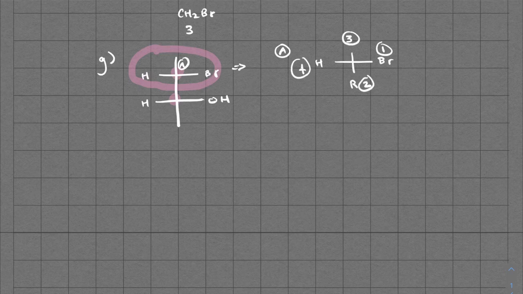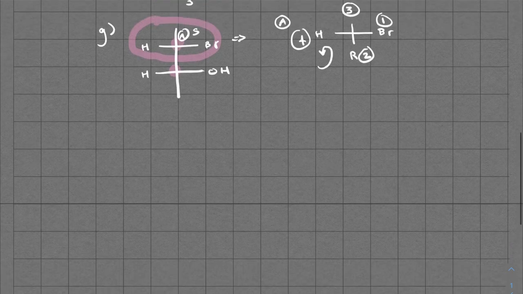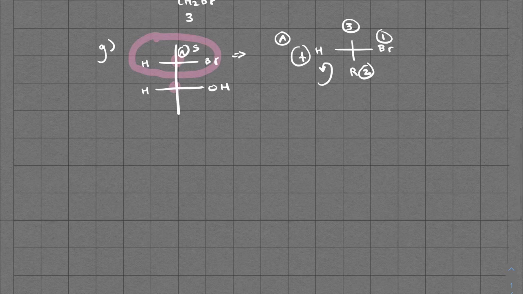It is rotating this way, so that is going to be an S configuration. And now for this carbon right over here, let's assign priority. 1, 2, 3, 4. It's rotating this way, and so this is going to be an R configuration.